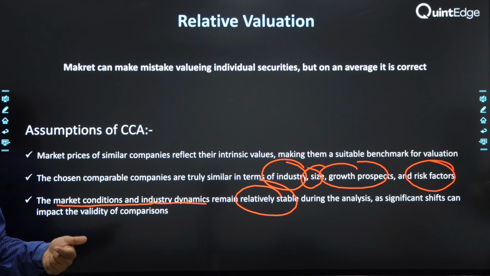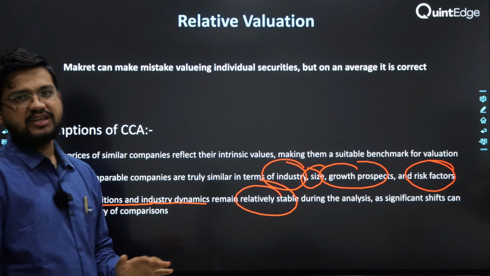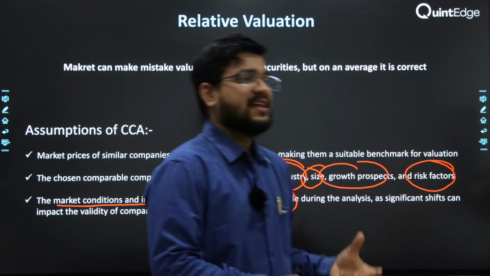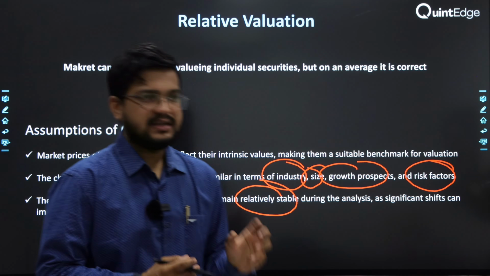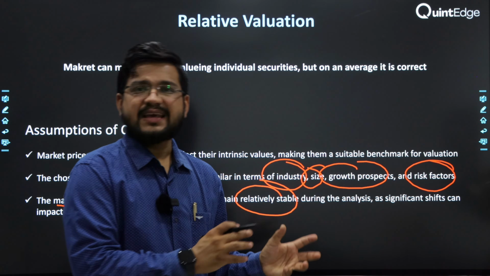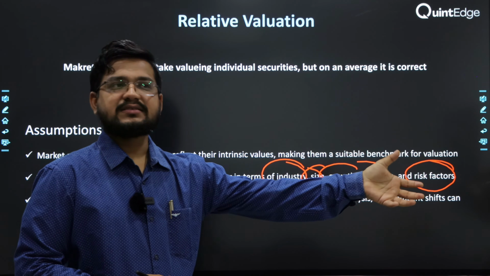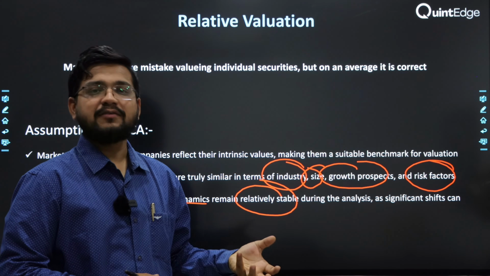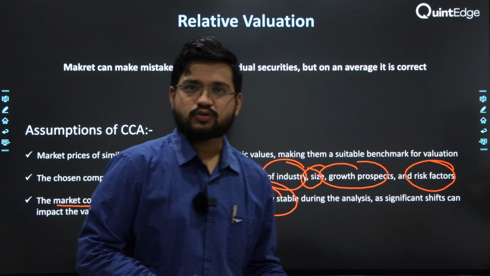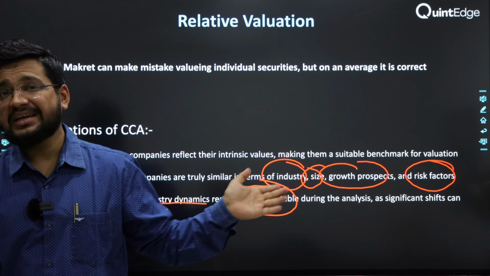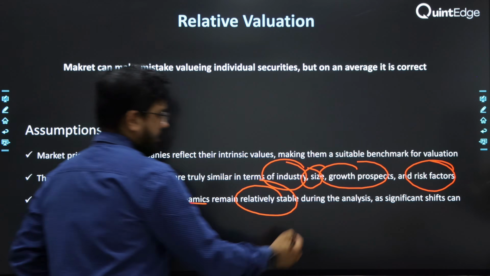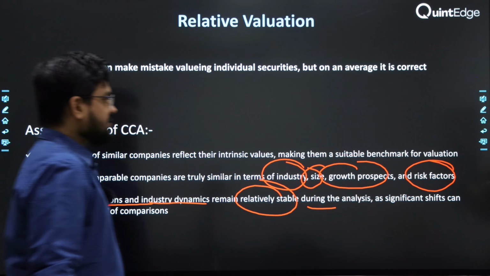They are not changing every other quarter. They are pretty much stable. So I can pick up transactions or multiples that are very stable in nature. So the rate at which a flat was sold is going to be similar to the rate at which I am going to buy, the rate per square foot, because nothing major has changed in that locality. So this is another assumption.